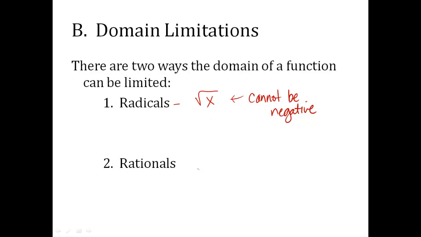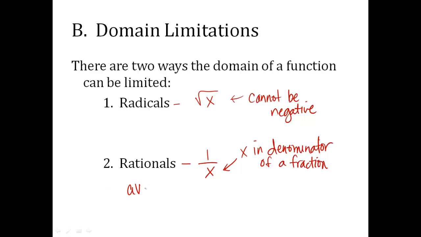The other place that limits the domain is if x is in a rational function, meaning it's in a fraction and x is in the denominator, because we do not want to end up in this scenario, which means undefined.